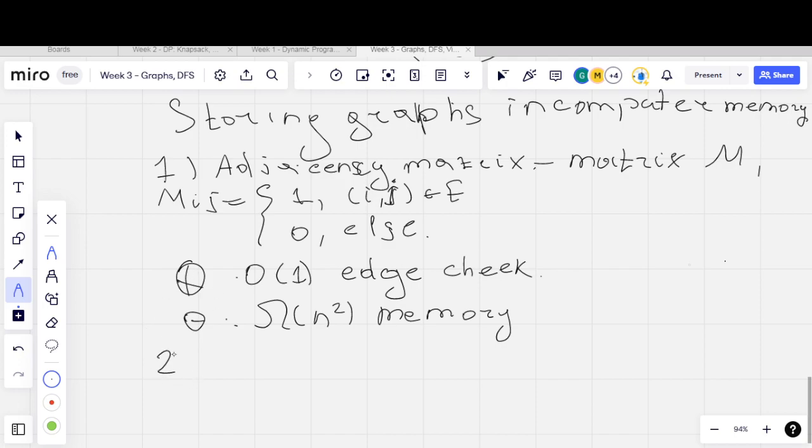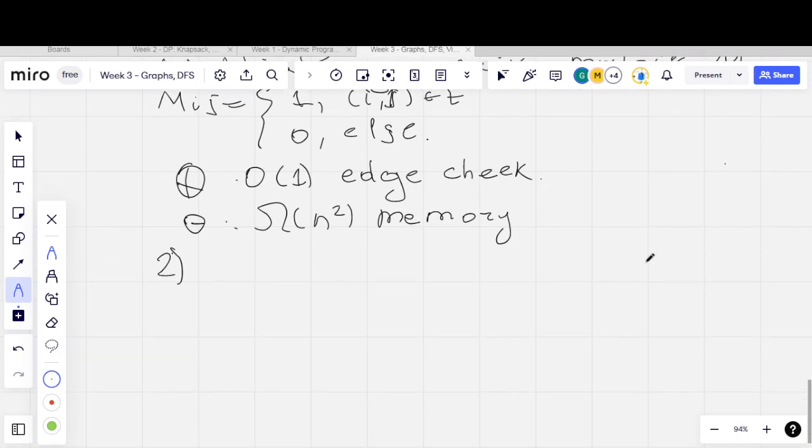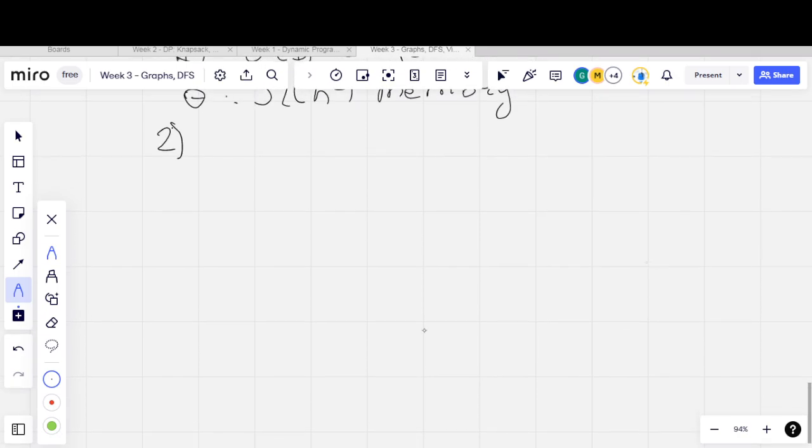So we have other methods. These methods have less memory: list of edges.